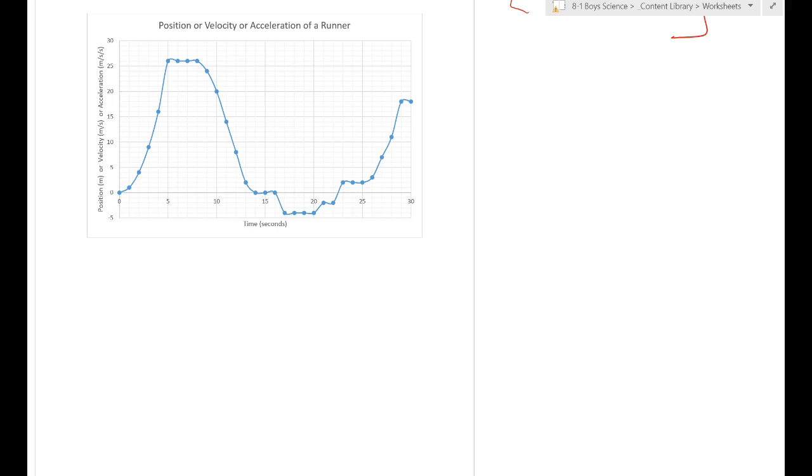So as you can see for this fourth and final graph, I haven't done time segments here. And the reason that I haven't done time segments here is the reason that I love this graph so much. This graph is finally what we would be seeing as like a real life position or velocity or acceleration graph.